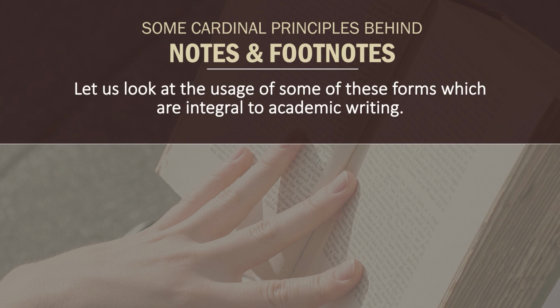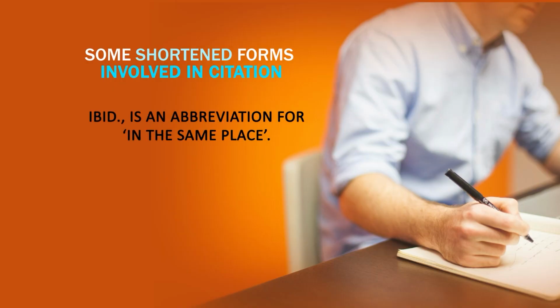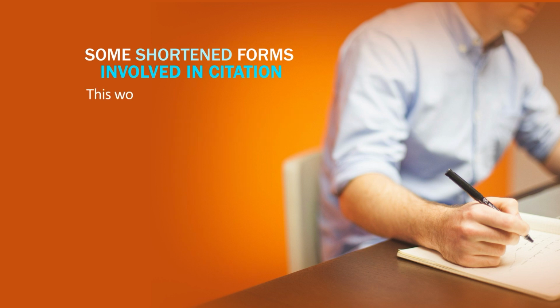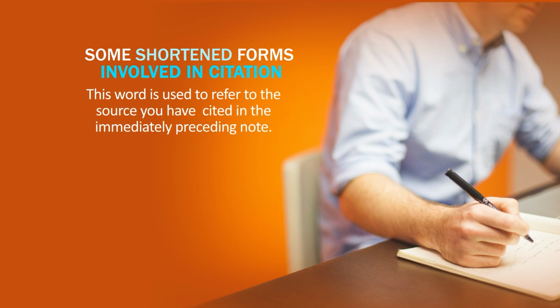Let us now look at the usage of some of these forms which are integral to academic writing. When you are making a citation, in the footnote you would use ibid. Let us see how ibid is used. Ibid is an abbreviation for "in the same place." This word is used to refer to the source you have cited in the immediately preceding note.